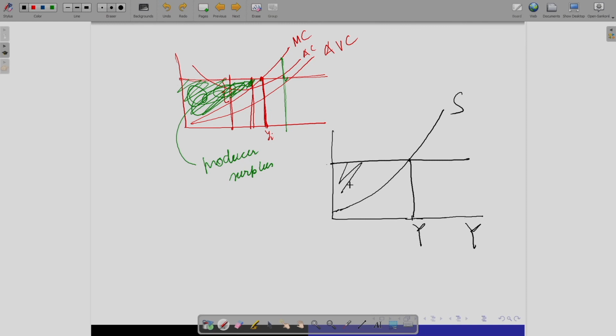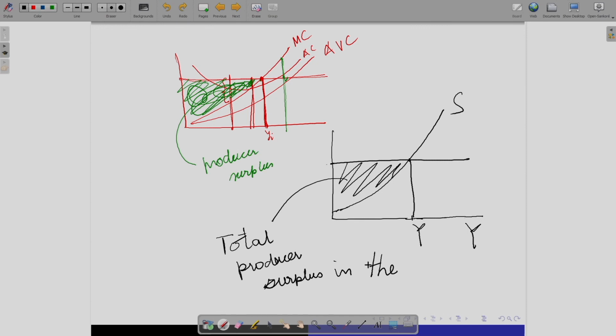So, this whole region is the total market surplus or the total producer surplus in the market. Okay. So, this is the surplus.